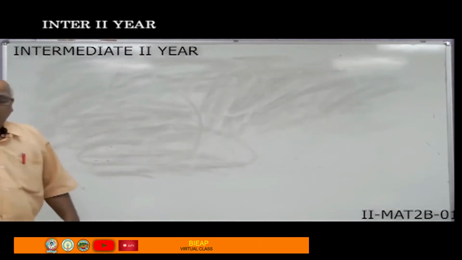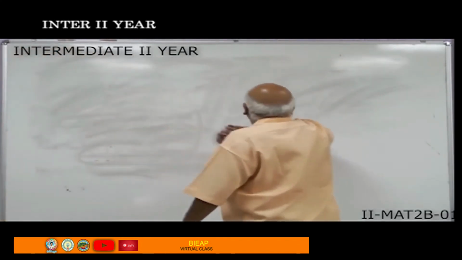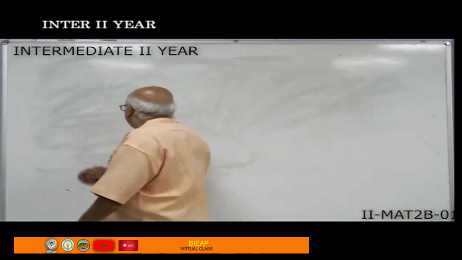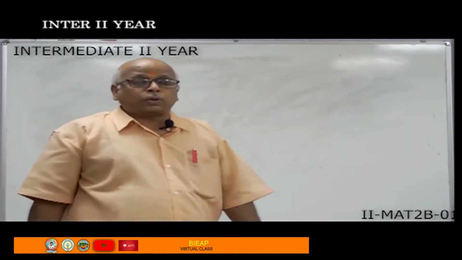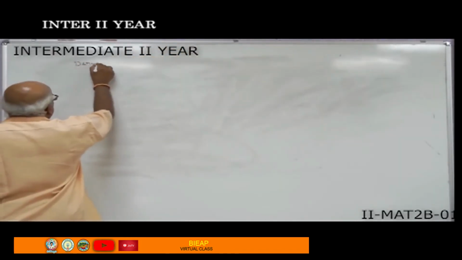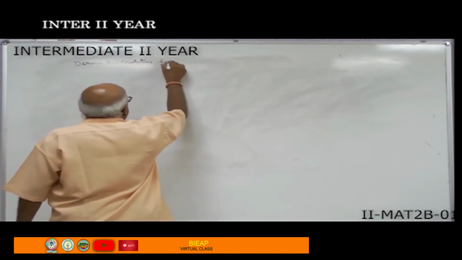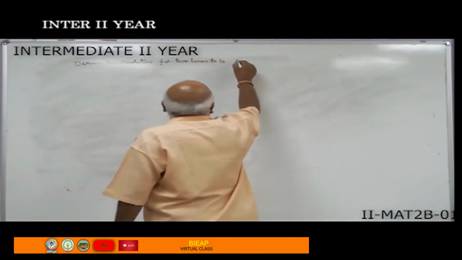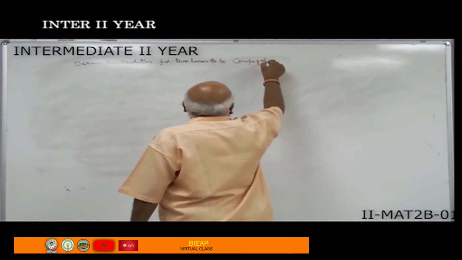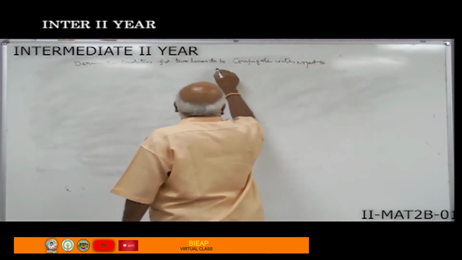Our next point: derive the condition for two lines to be conjugate with respect to the circle.